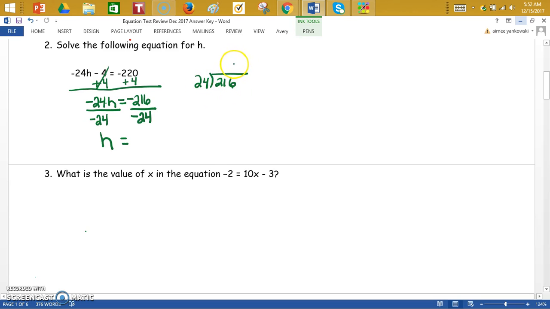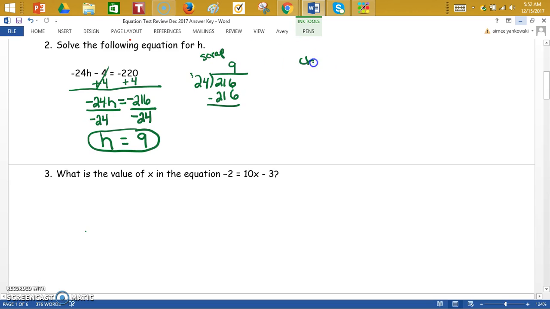So I'm going to guess 9 times. 9 times 4 is 36, put down a 6, carry a 3. 9 times 2 is 18, and 3 more is 21. Oh, I'm so glad it goes in nicely. So this would be a positive 9.